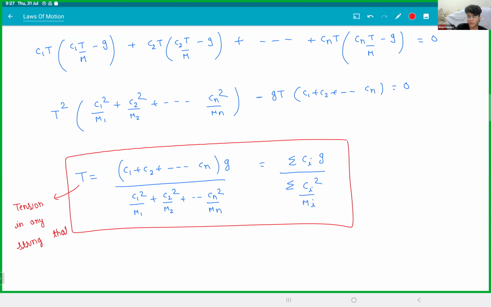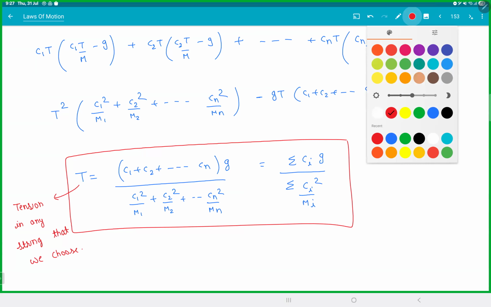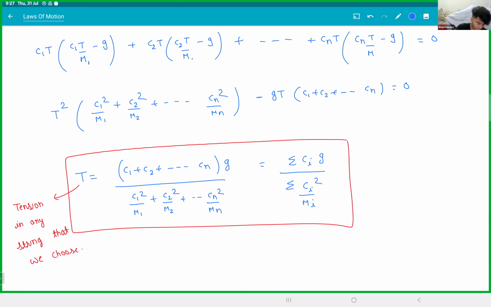Tension in any string of our choice. So in the first line which you wrote on this page, it should be M1, M2 till Mn. So what is Ci and everything? C is the coefficient of tensions.